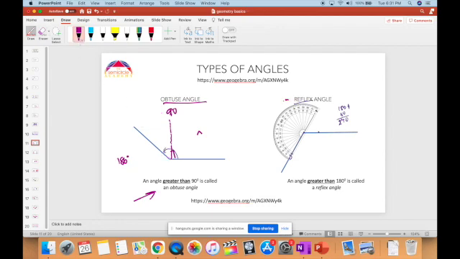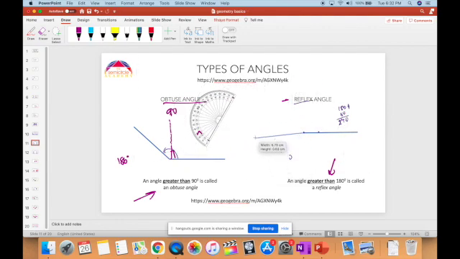And then we have the reflex angle, and the reflex angle is greater than 180 degrees. Yeah, so we can see here. Now, how do we measure a reflex angle? We can see here that this angle here, this is 180 degrees straight.